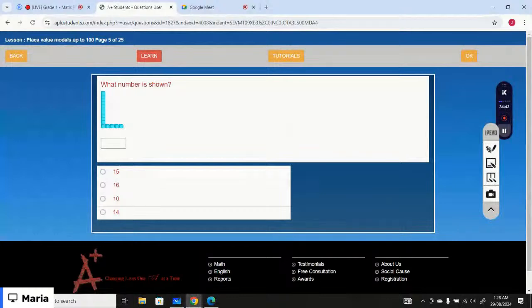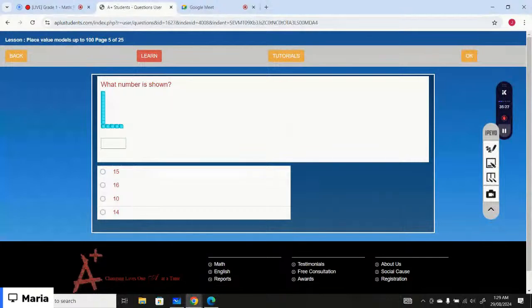What number is shown? Which is the correct option? The correct option is 15.